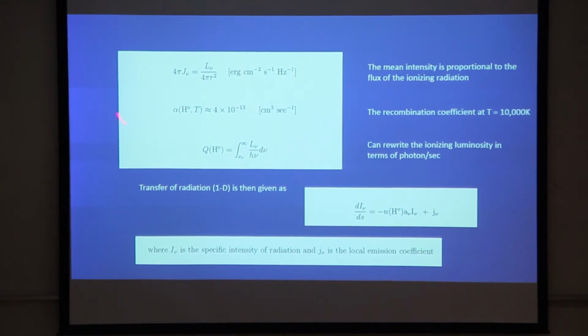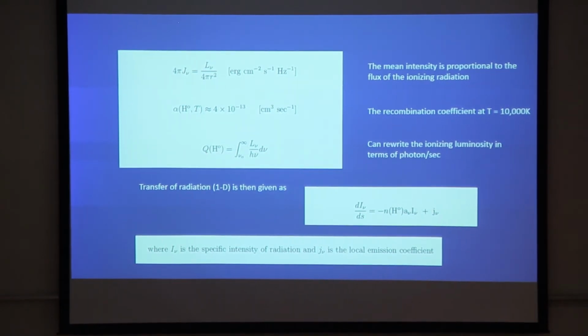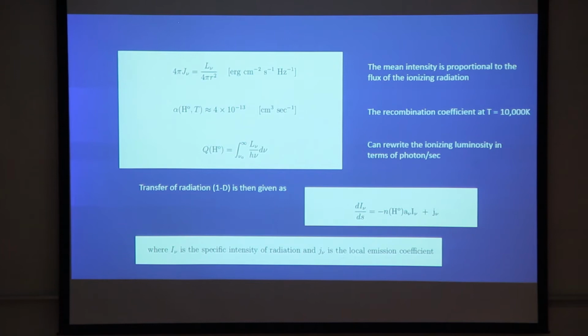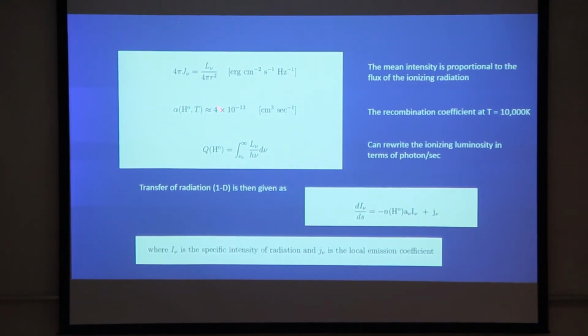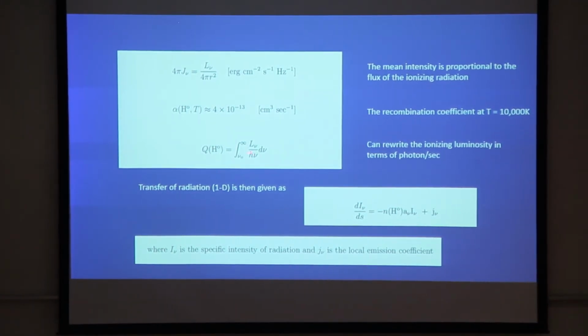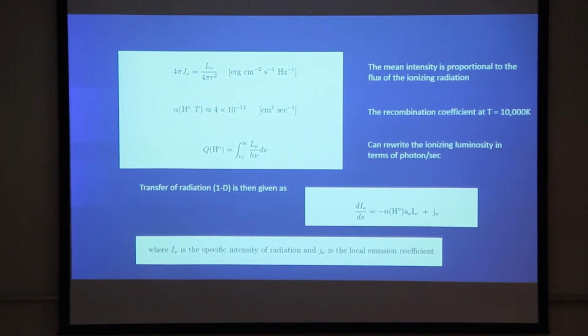And the other useful thing to have here is Q. Q is just the luminosity of the source in terms of photons. Remember, we're dividing by h nu here to get the distribution of photons at different frequencies, not the energy distribution. If you integrate this, you get the total amount of ionizing photons emitted by the source.